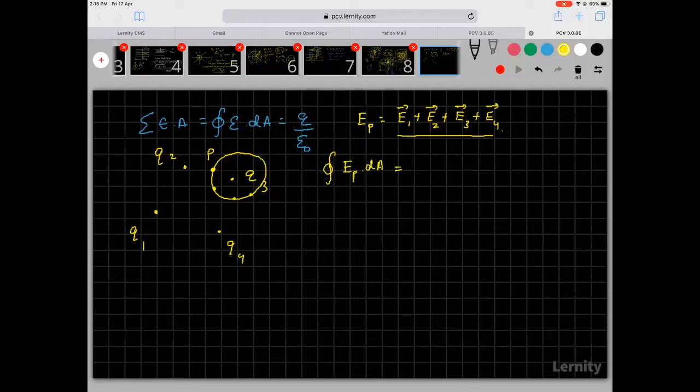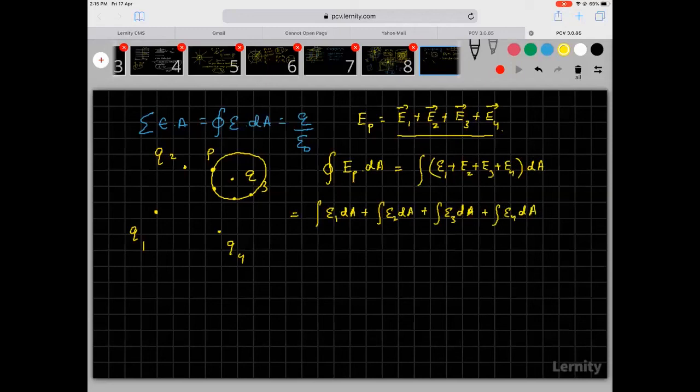But suppose I am doing E dot dA. What will I be doing? I'll be doing the integral of E1 plus E2 plus E3 plus E4 dot dA. So this will give me integral E1 dA plus integral E2 dA plus integral E3 dA plus integral E4 dA.